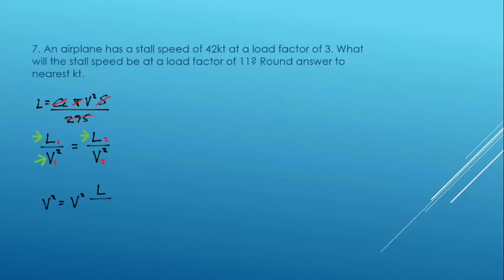It is equal to the condition 2 parameters, that is stall speed of the airplane. This is in the first condition. Load factor of 3 is in the first condition. Stall speed at a load factor of 2, which is second condition.